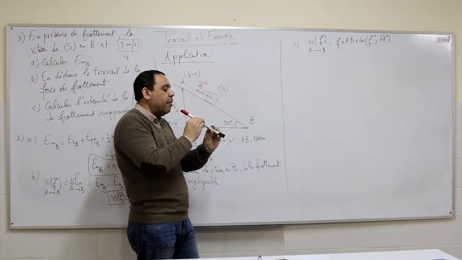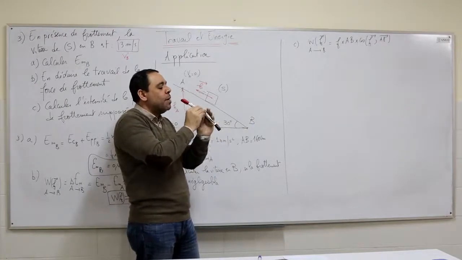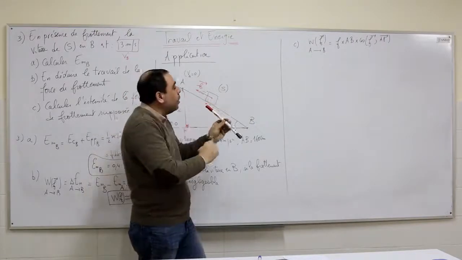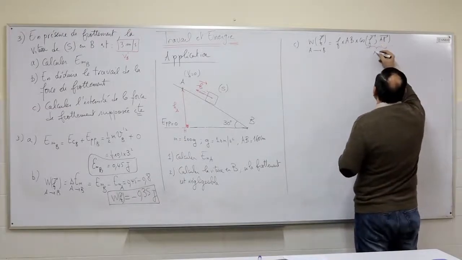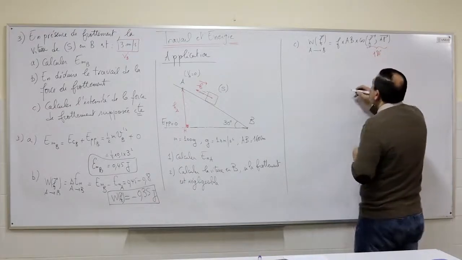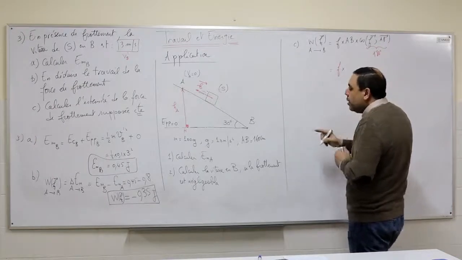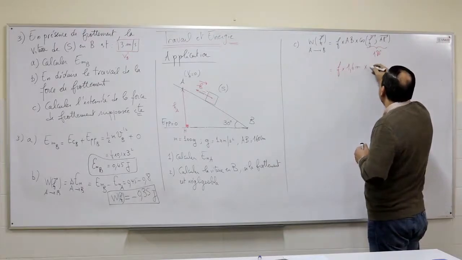The angle between the displacement and friction is 180 degrees. F times 1.6 times minus 1.